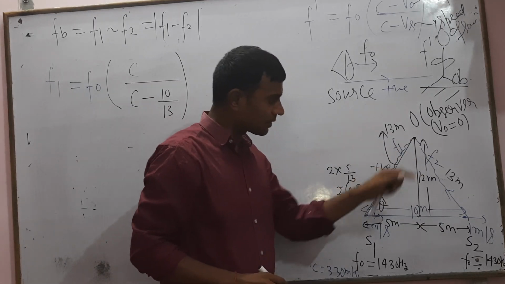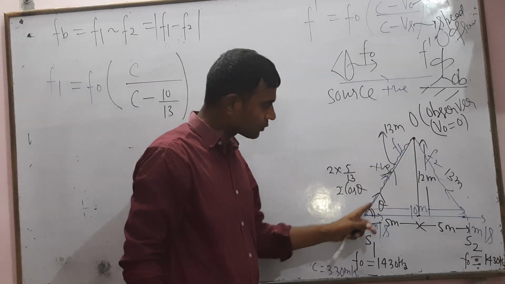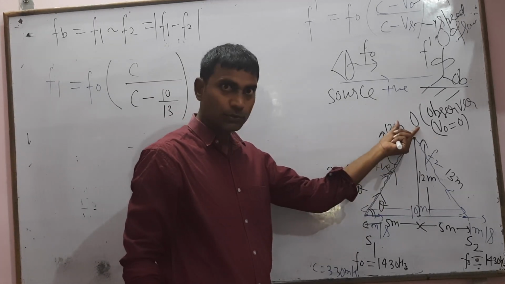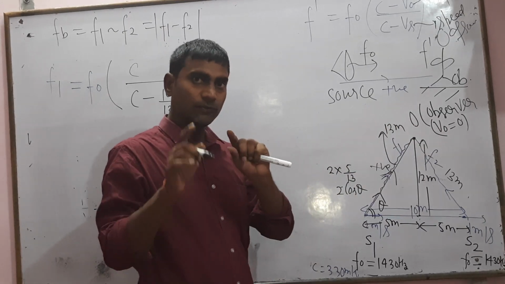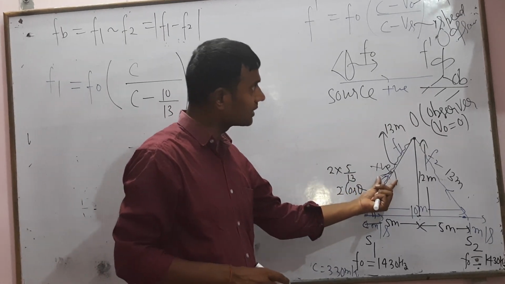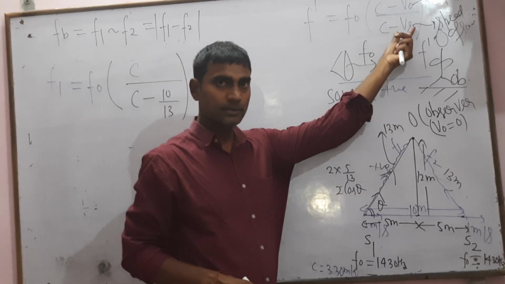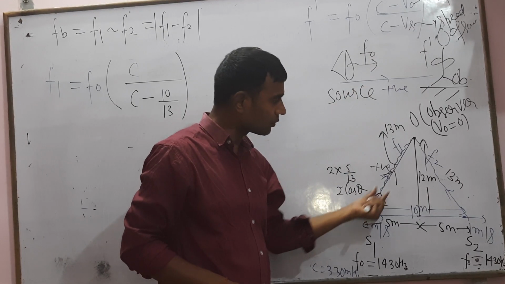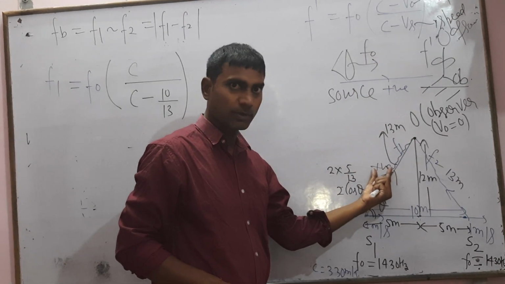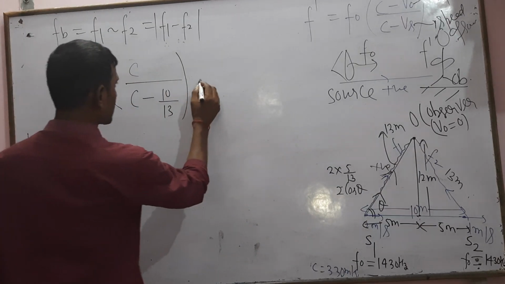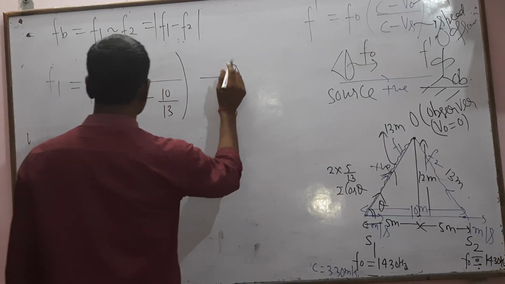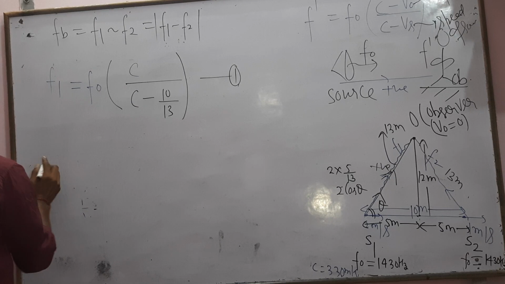This is the component from source to observer. This is positive, so no effect. We put Vs as positive because the direction from source to observer is taken as positive. No problem. So this is the first condition, and now the second condition, F2.